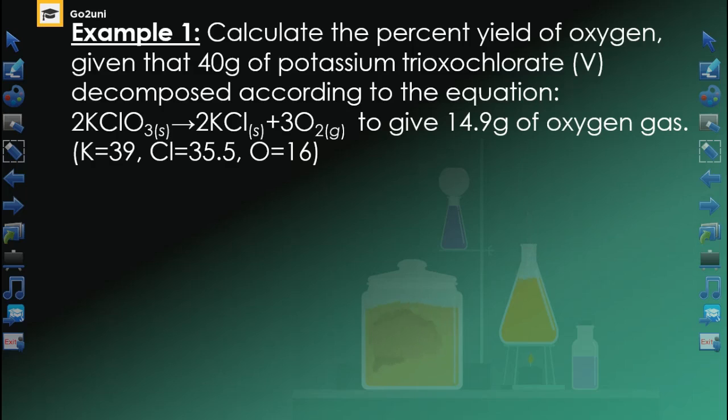We have been given the atomic masses of the individual elements making up that compound. So we are asked to calculate the percent yield of oxygen when 40 grams of potassium chlorate is provided, and it gave 14.9 grams of oxygen.